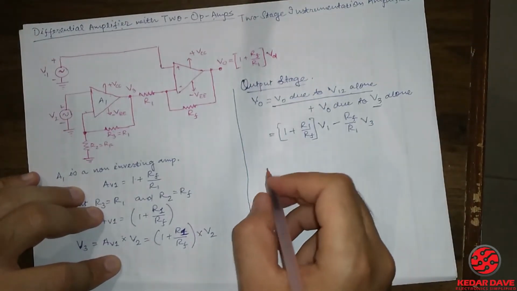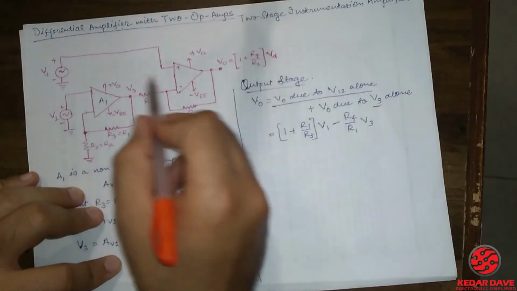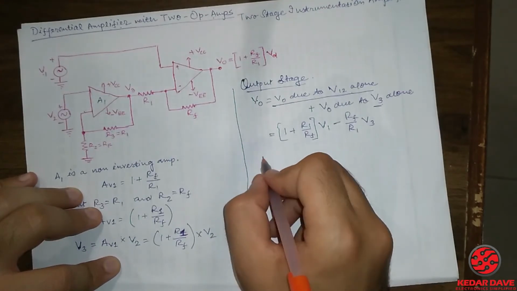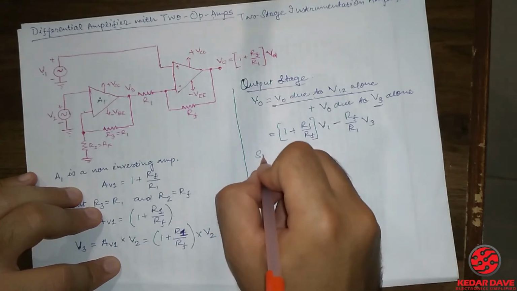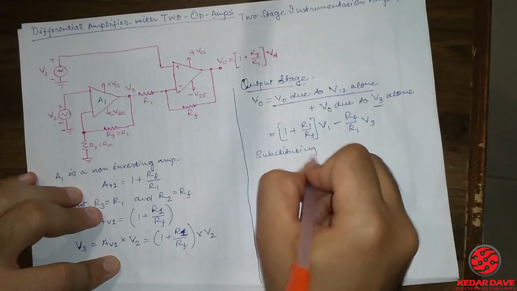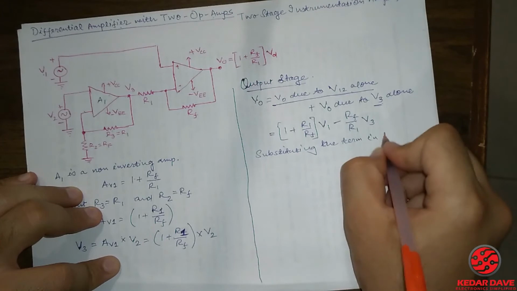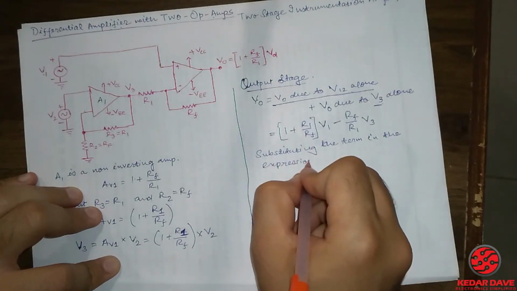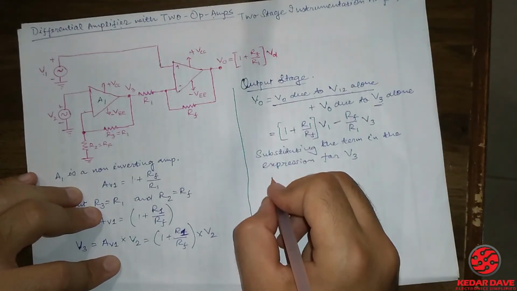That can be easily understood from this circuit diagram, and substituting these terms in the expression for V3.